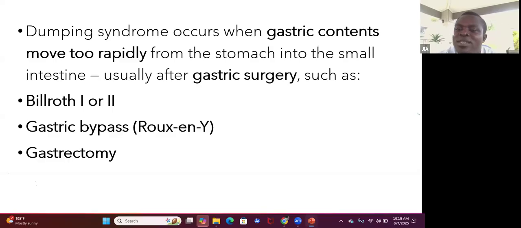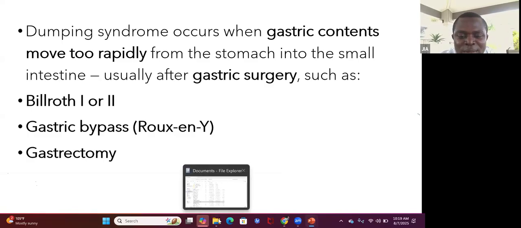That is what we call dumping syndrome. It's like you've dumped food straight from your mouth into your intestine. If you have issues understanding it, just understand it that way. Dumping syndrome. You can ask your question before I carry on.